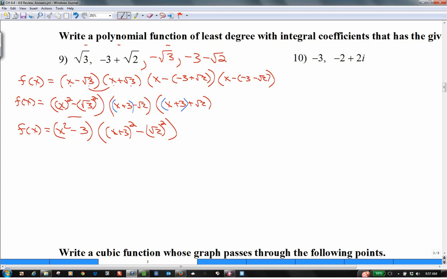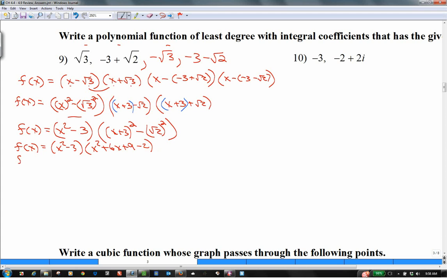So let's go ahead and work that out. So I would have x squared minus 3, times x squared plus 6x plus 9, and then the square root of 2 squared would be 2.